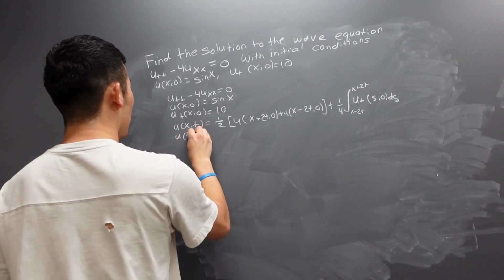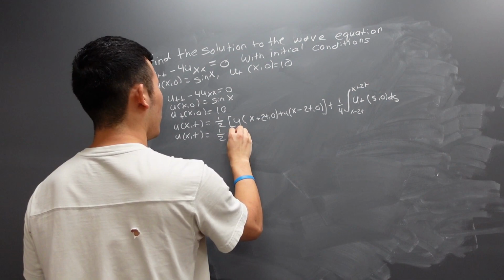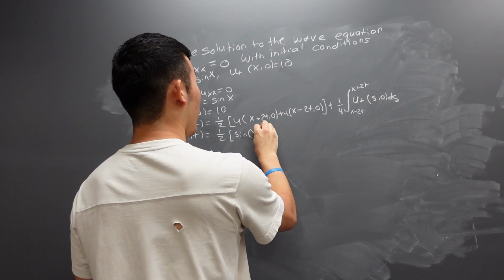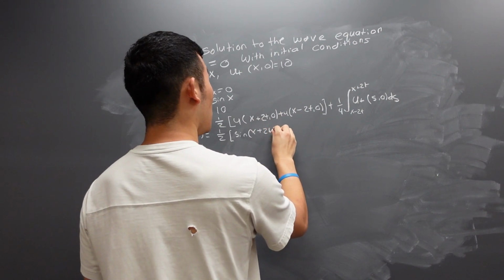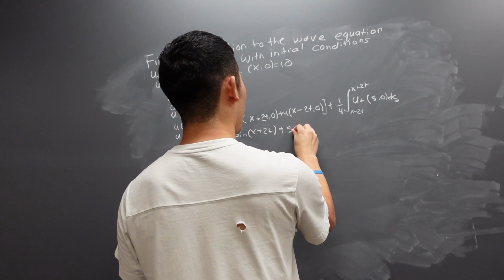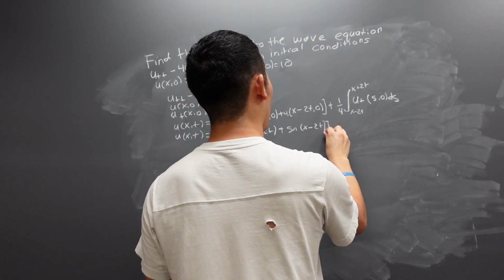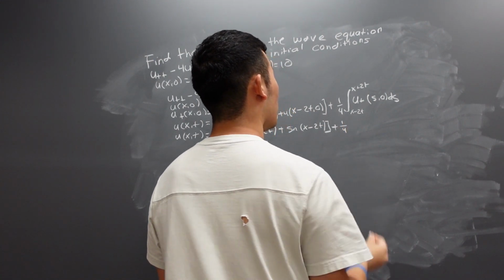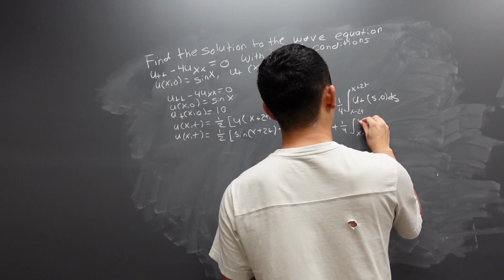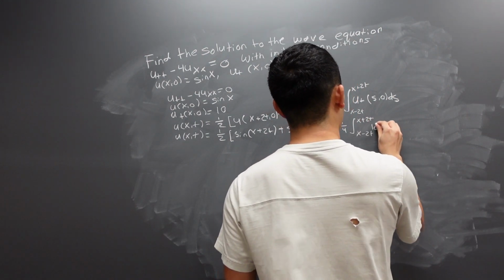Now let's do it: u(x,t) is equal to 1/2 times sine of x plus 2t plus sine of x minus 2t, plus 1/4 times the integral from x minus 2t to x plus 2t of 10 ds.